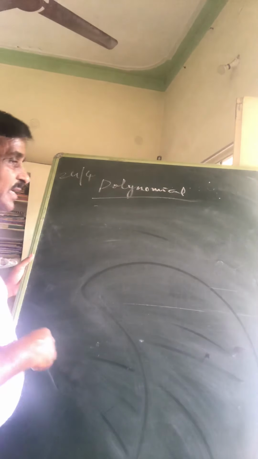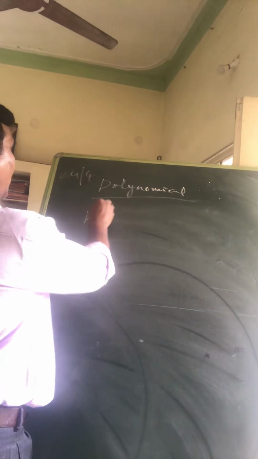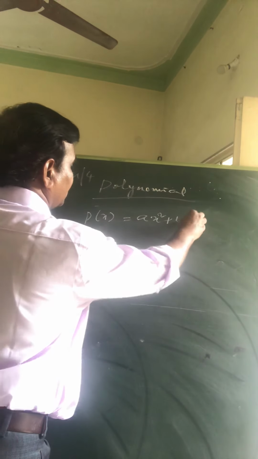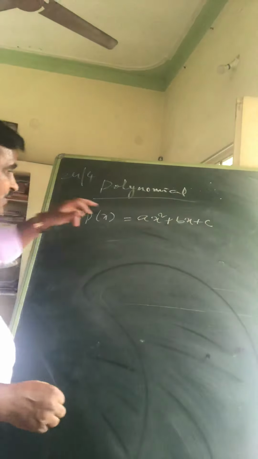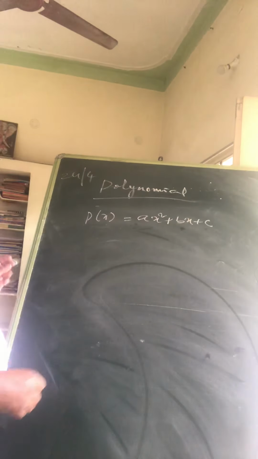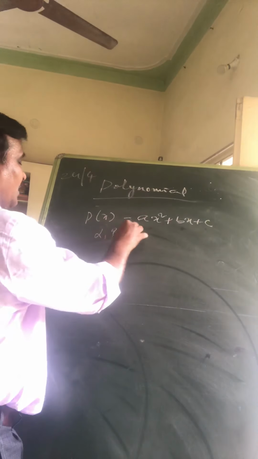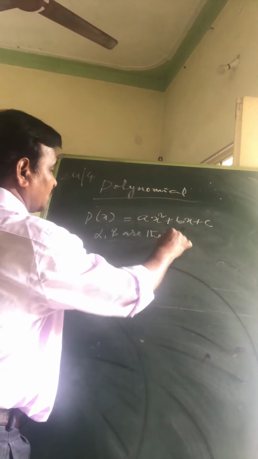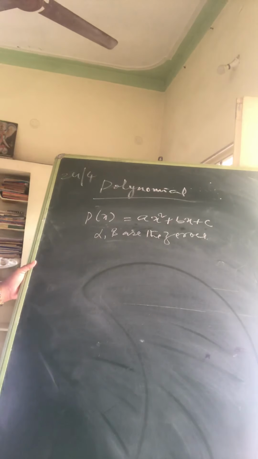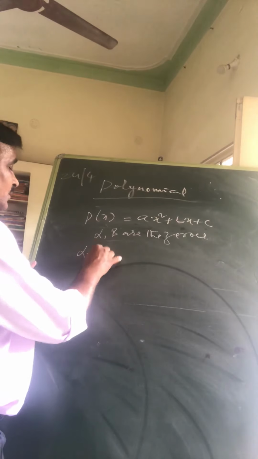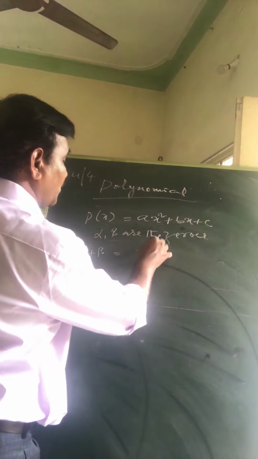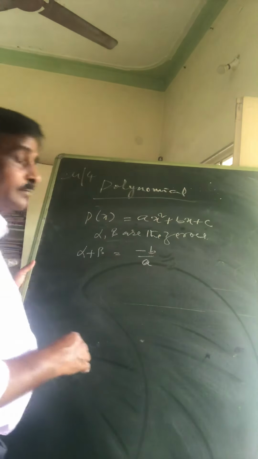For example, now we are taking the quadratic polynomial p of x is equal to ax square plus bx plus c. The coefficients a and b are the coefficients of x square and x, and c is the constant. Now let alpha and beta be the zeros. Now we have to calculate alpha plus beta, the sum of the zeros, that is minus b by a.